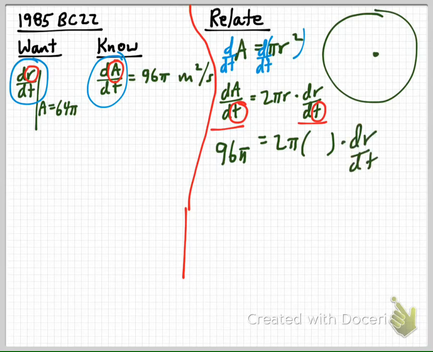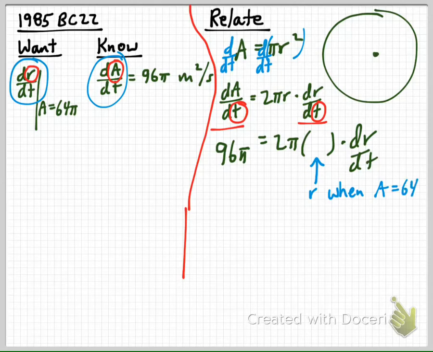Sometimes I'm glad we finally got one of these in which we have to work for something, because everything else has been kind of hand delivered to us, served up on a silver platter. But this is the R. At the precise moment, though, when what? When the area is 64 pi. So we haven't used that yet.